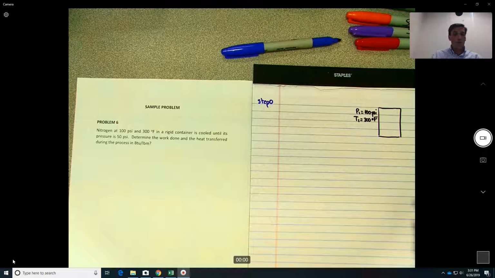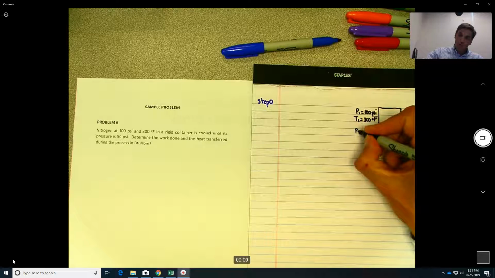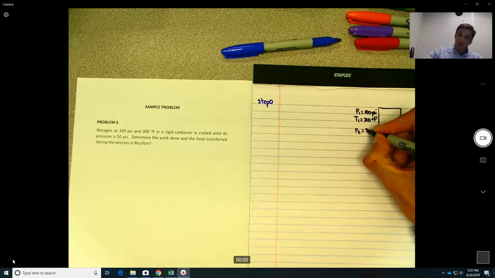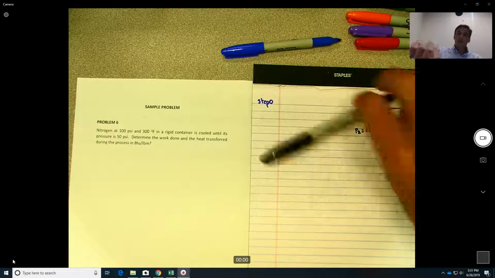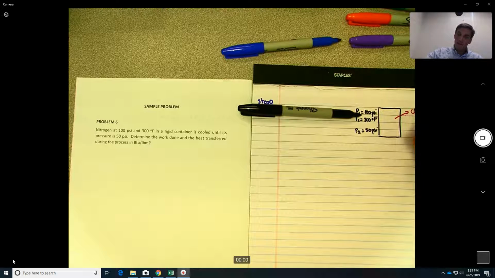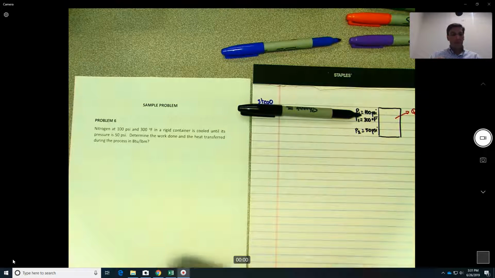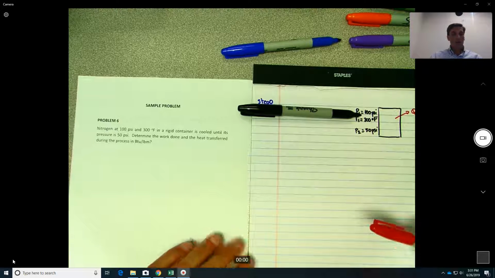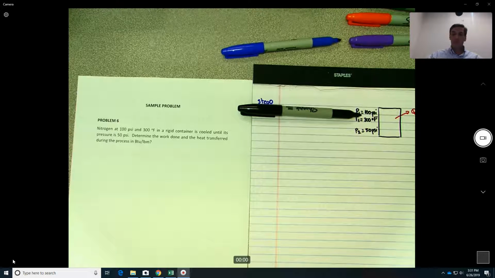It is cooled until its pressure is 50, so P2 equals 50 psi, and if it's cooled, that means there is heat coming out. Determine the work done and the heat transfer during the process.